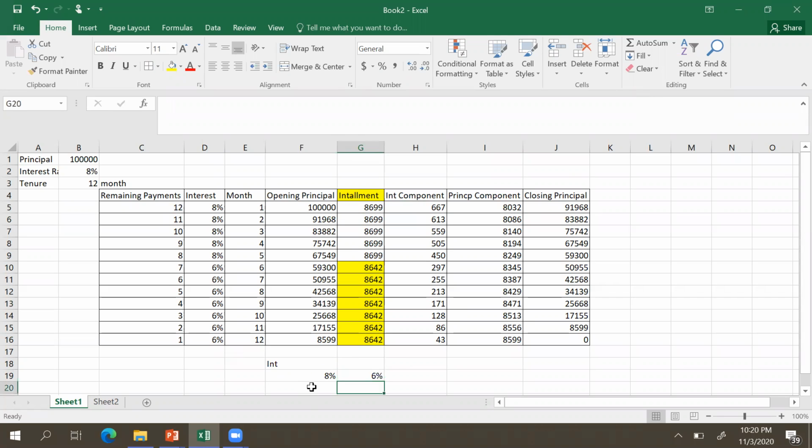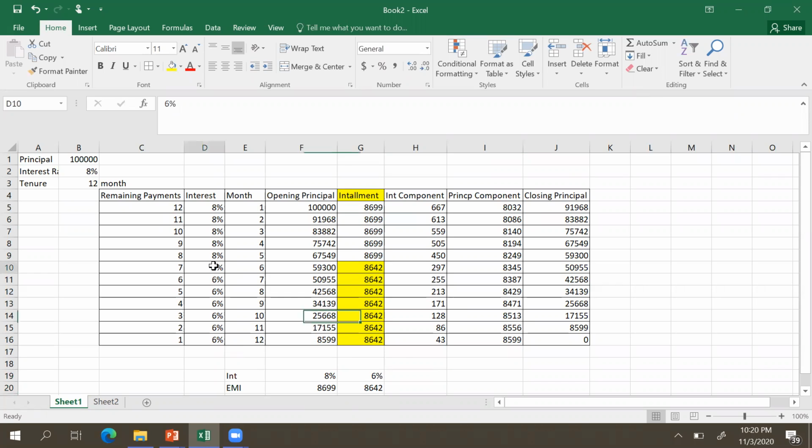So what happened? The EMI also reduced. It reduced from 8699 to 8642. Okay, the EMI also reduced.